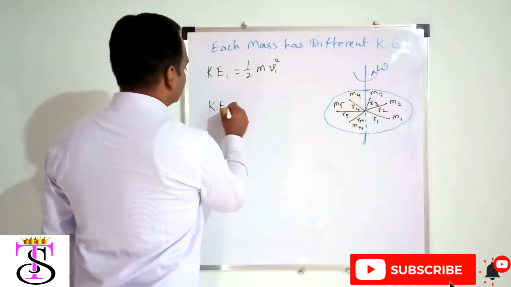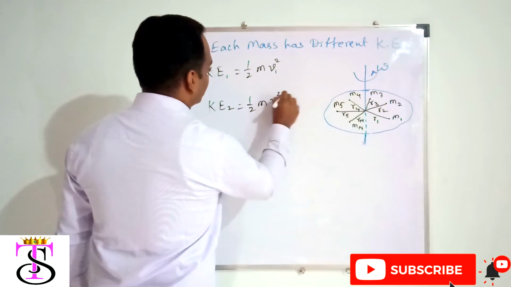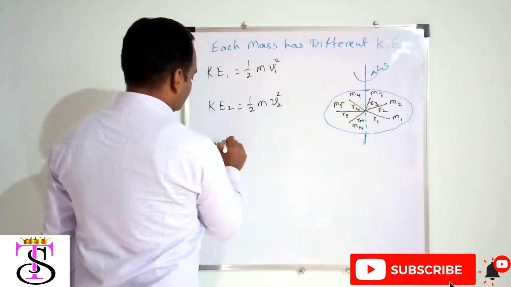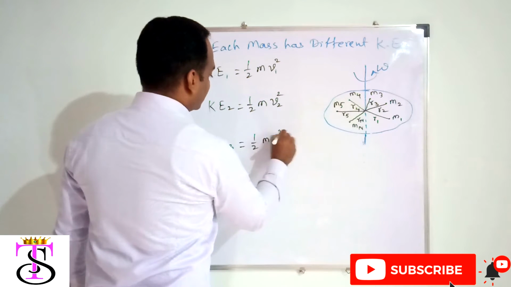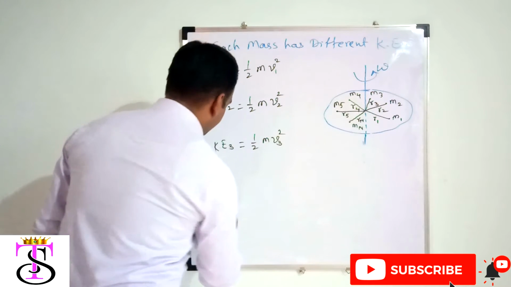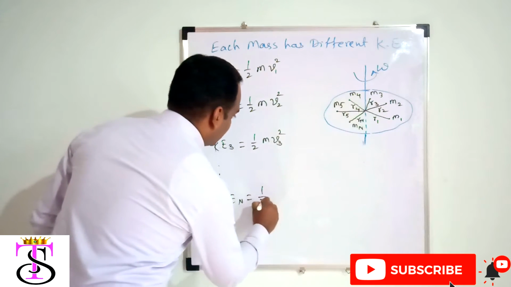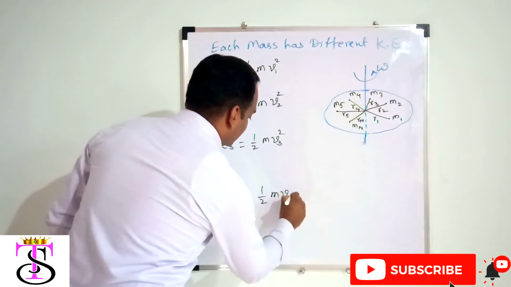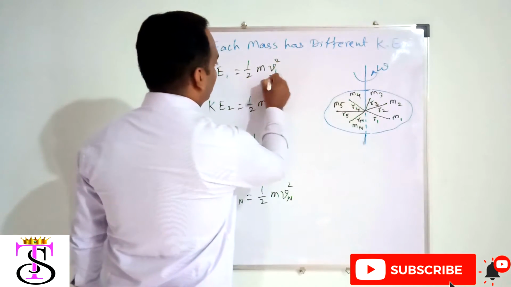Then the kinetic energy of the second mass is equal to 1/2 m v2 square, then the kinetic energy of the third mass is 1/2 m v3 square, and the kinetic energy of the nth mass is 1/2 m vn square. Now we have the value for this v.